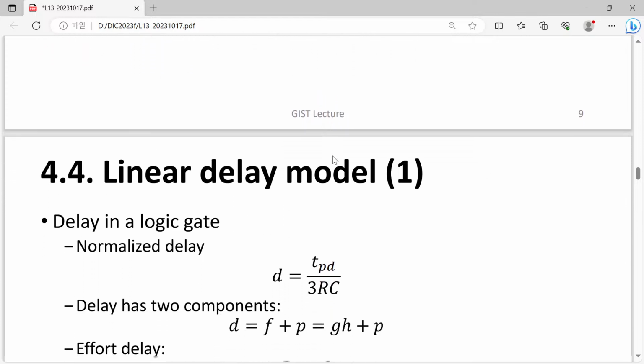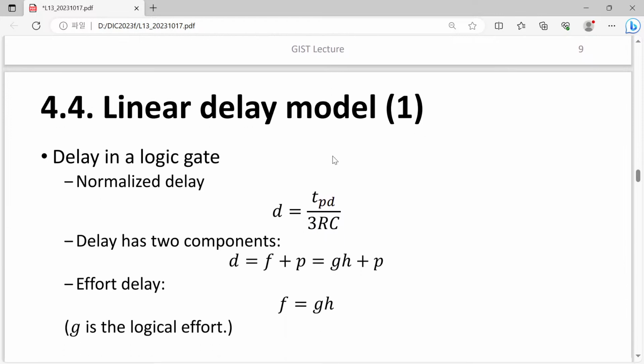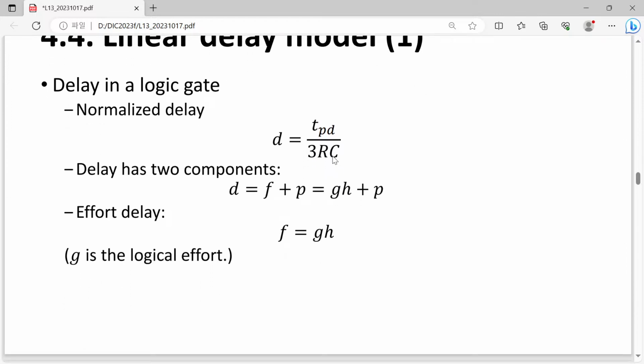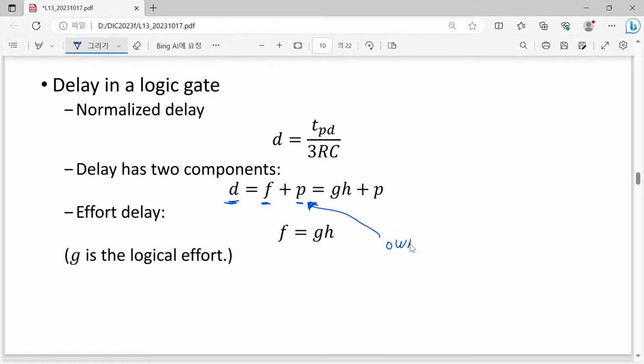This is nothing but the observation like this one. Okay, delay can be decomposed into two terms. One term is related with its own diffusion capacitance. This is parasitic delay, and there is another one which is dependent on the fan out.